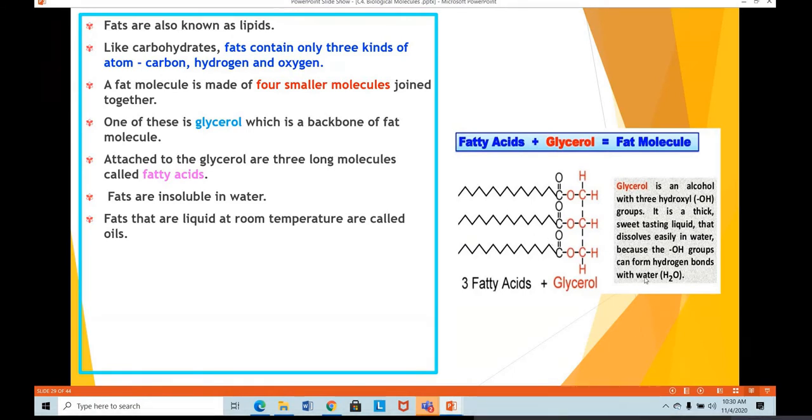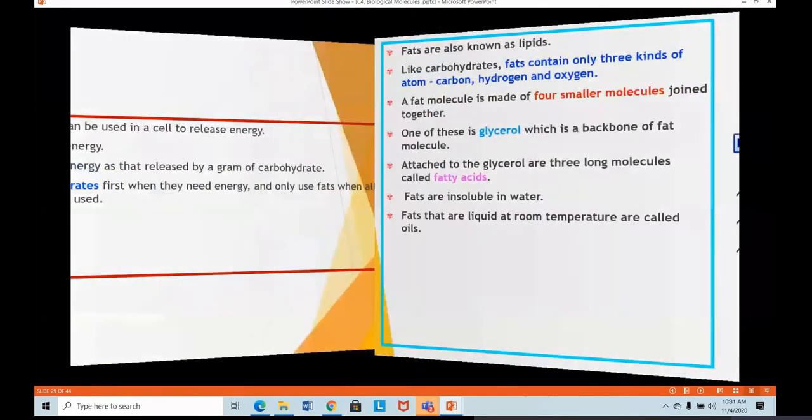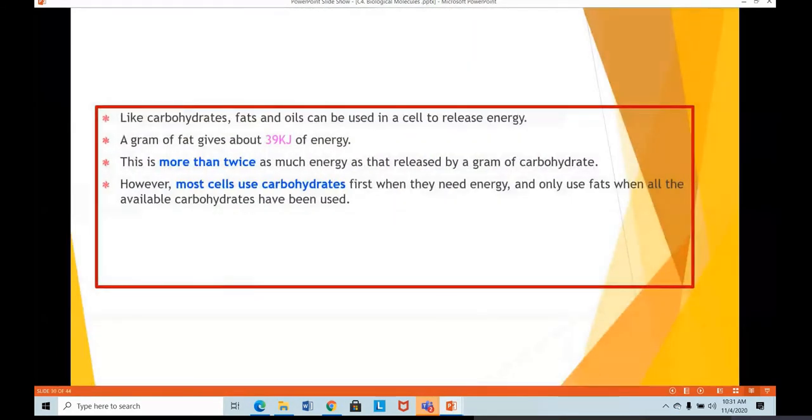These fats are insoluble in water, of course, and fats which are liquid at room temperature are known as, what are they known as? Oils, isn't it? And the fats which are solids at room temperature are known as fats itself, like butter and cheese. The cream also contains a lot of fat.